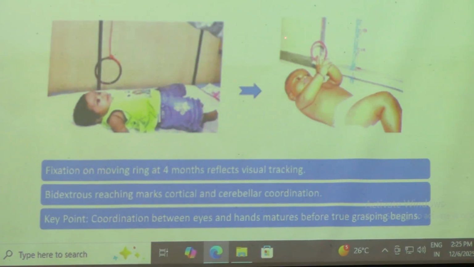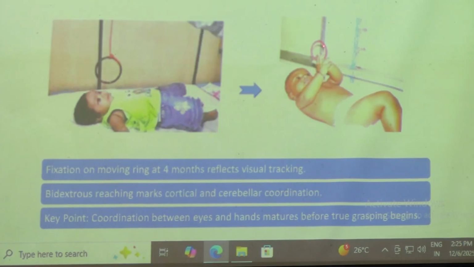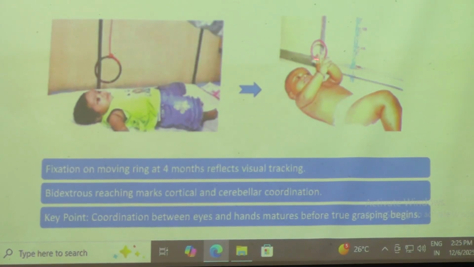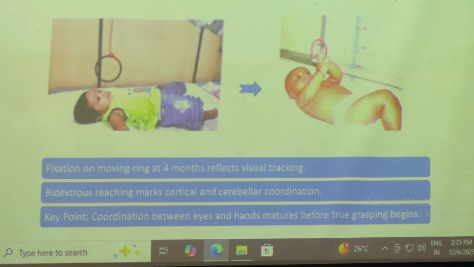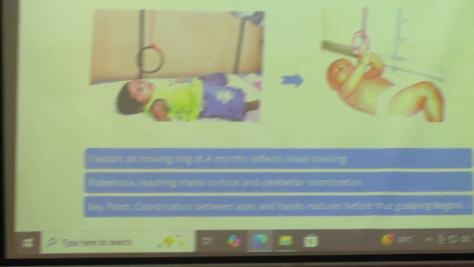At 4 months, he will try to hold the ring and try to bring it to his mouth. Initially, he may not reach the object. There will be overshooting. Gradually, he will be able to hold.